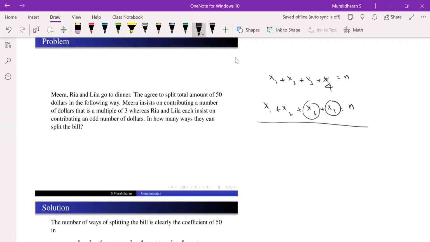So this won't work. For instance, suppose my n is 10. It will give me 1 plus 1 plus, let us say, 3 plus 5. That also is part of the solution. But that solution we do not want because these two should be equal.